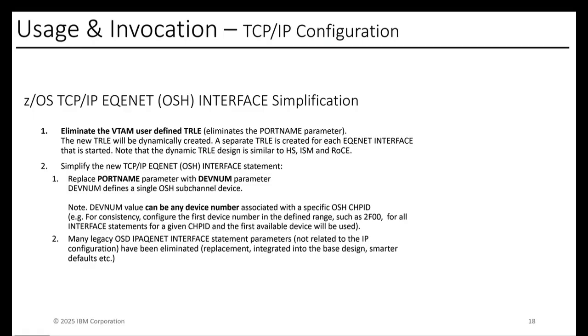You'll see that as you share devices on a single stack for that port, you'll have to do that, or we'll catch you, and we'll get to that page coming up. And I've already mentioned that many of the legacy parameters are either replaced, like port name is now dev number, or they're integrated as the base defaults of the new EQDIO architecture and the EQENet definition. And we took basically smarter defaults.